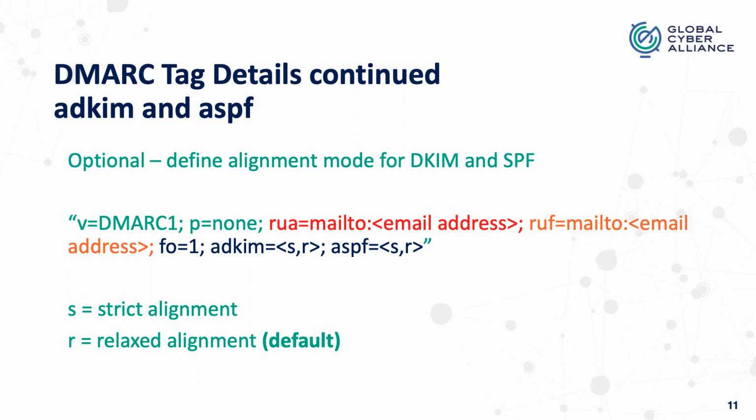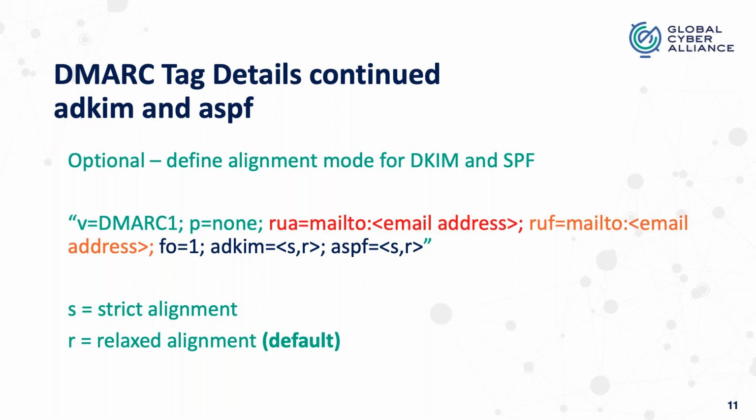The default is relaxed because what relaxed alignment allows is this: if you have subdomains using the same signature as your top level domain, it doesn't exactly match, but since it's within the same domain, we say okay, it's allowed. We'll let it go. So we're relaxing the alignment.